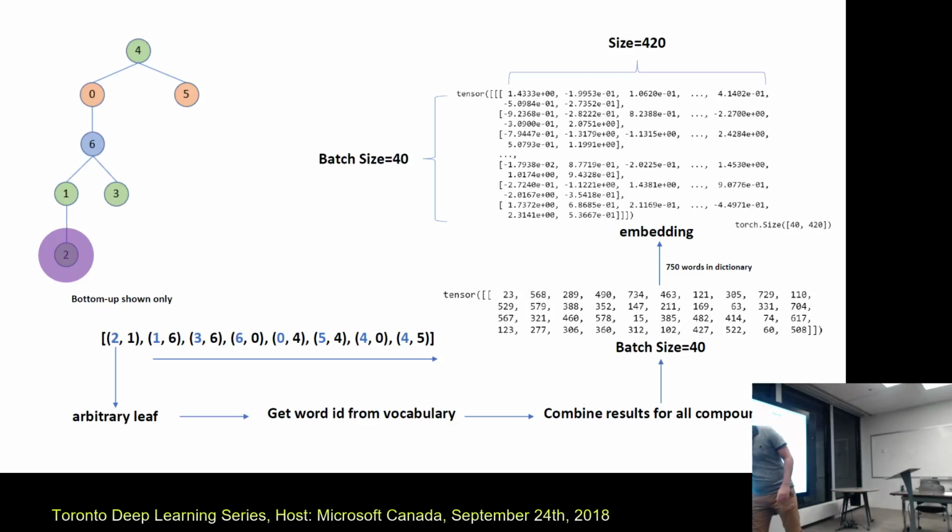They select an arbitrary leaf, collect the WID or word ID from the dictionary, and transform it into a word embedding. Now, when they're running the model, they're actually using a batch. The batch starts at the arbitrary leaf for all of the molecules and works its way up to the root. So this is the information for the leaf for all of the molecules in the batch.